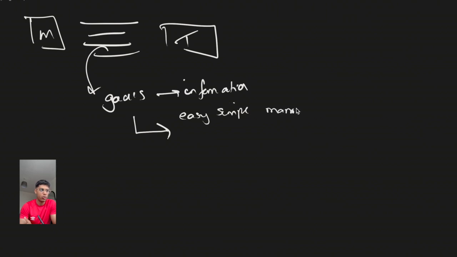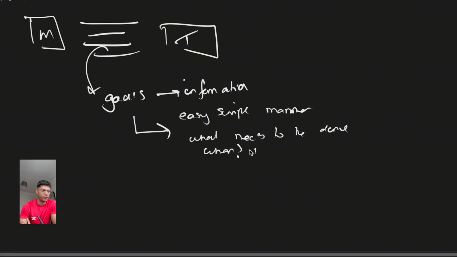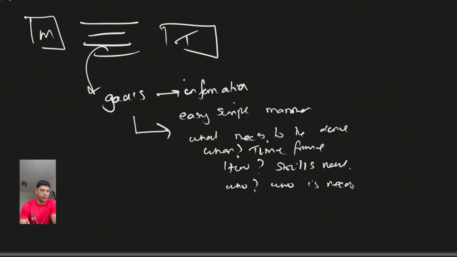For example, what needs to be covered is what needs to be done; when, which includes the time frame; how, which includes the skills needed; and who's needed for the task. This is how the information should be structured, and the goals communicated between the manager and team should be structured.